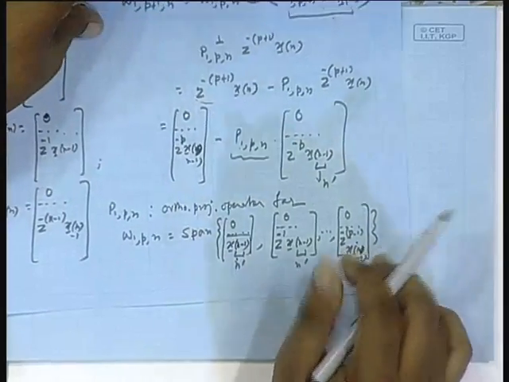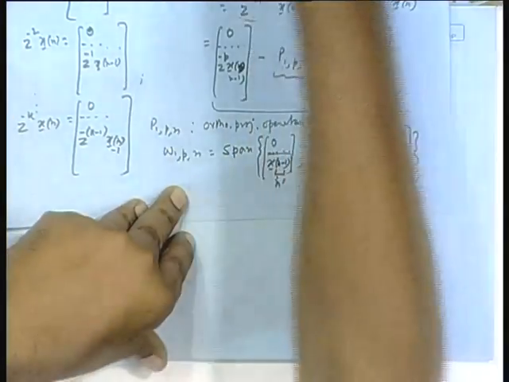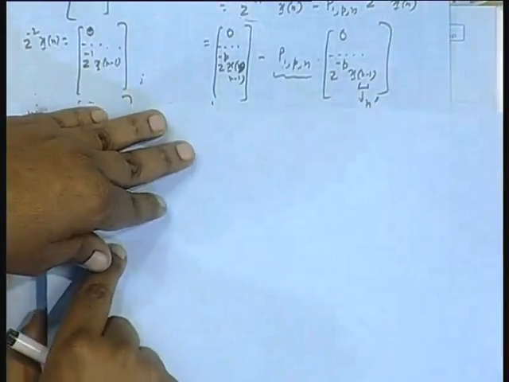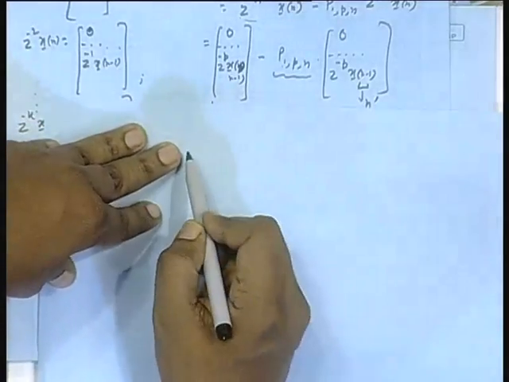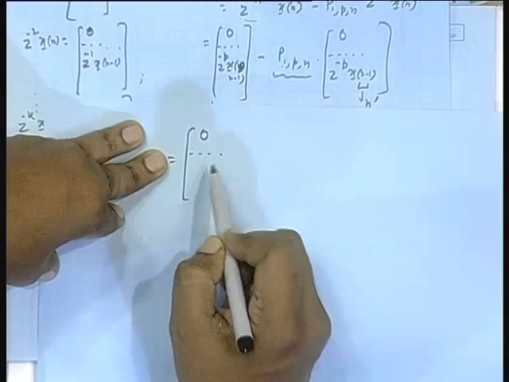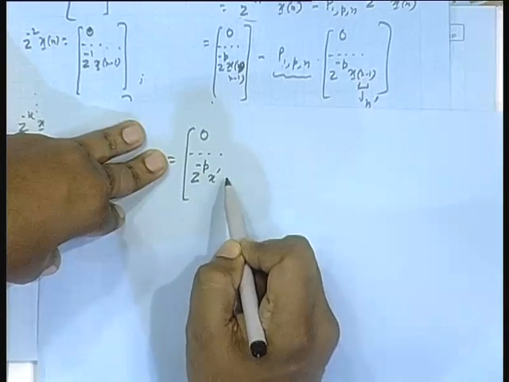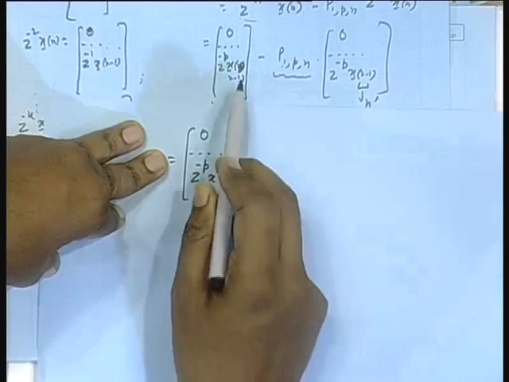Okay. That means this thing will give rise to what? This is as it is. You can even call it x n prime if you want, n minus 1.